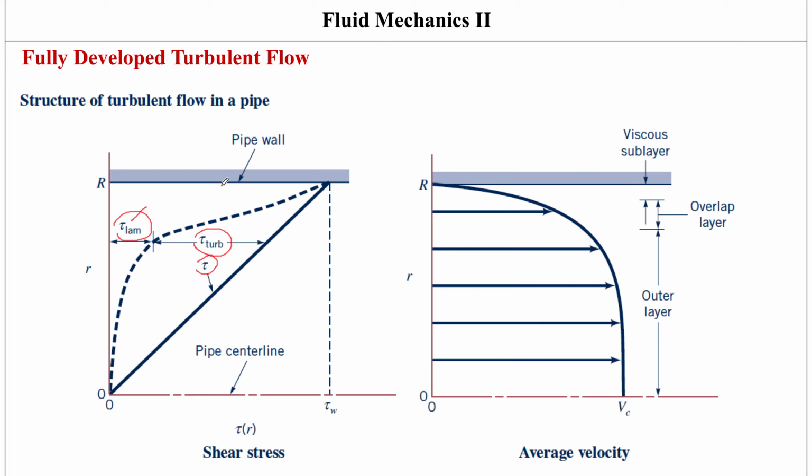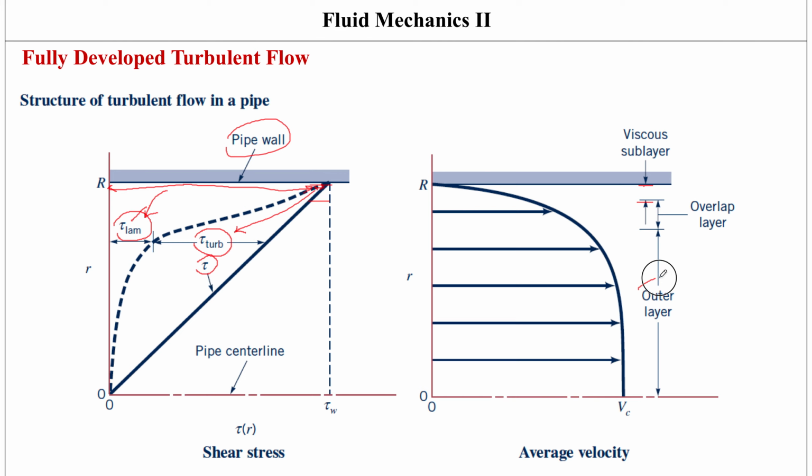Because if I was looking at, let's say, this region over here, somewhere between these two regions, this entire thing is giving us the laminar shear stress, and then some small value here is giving us the turbulent shear stress. So what does that mean? That the laminar shear stress is more dominant as we get closer to the pipe wall. Okay, this is your viscous sublayer.